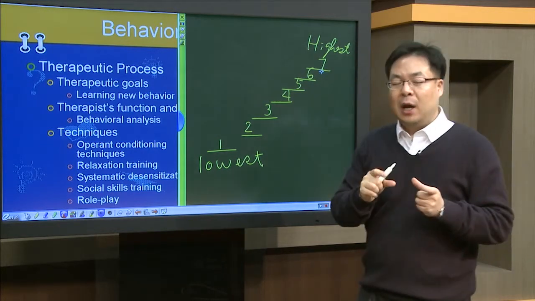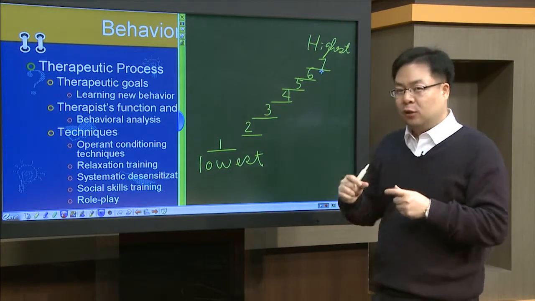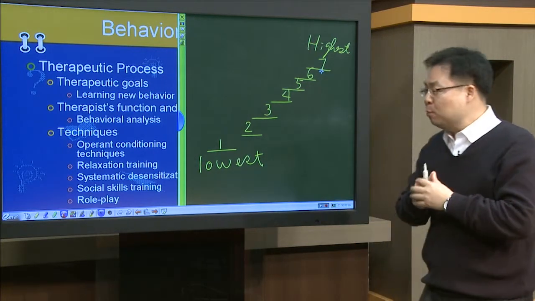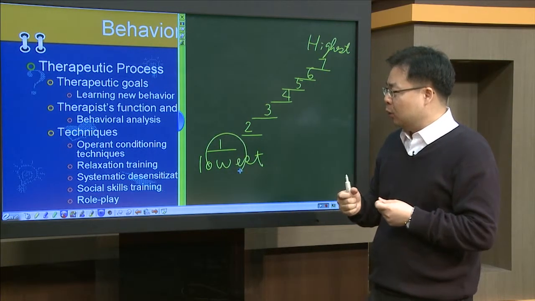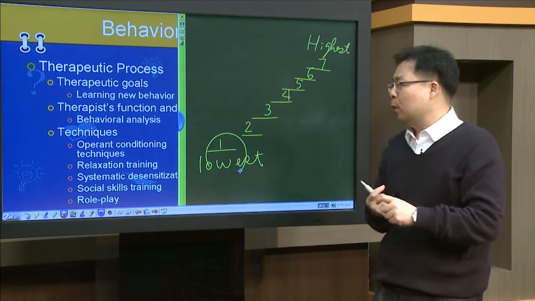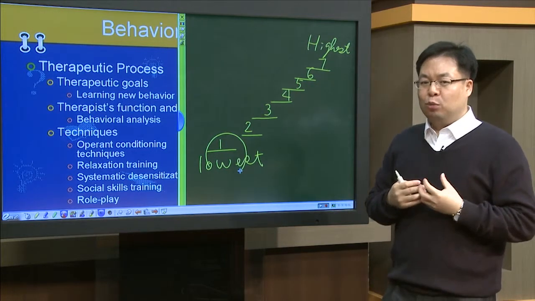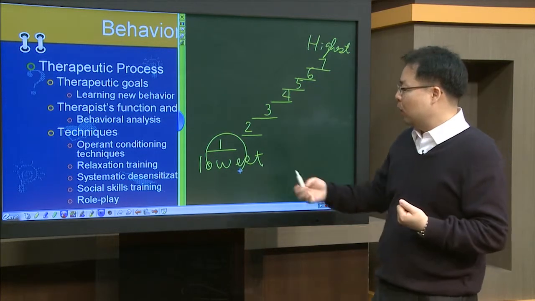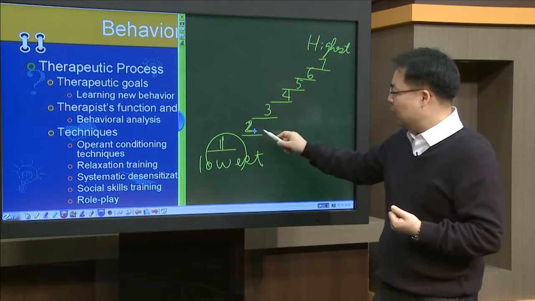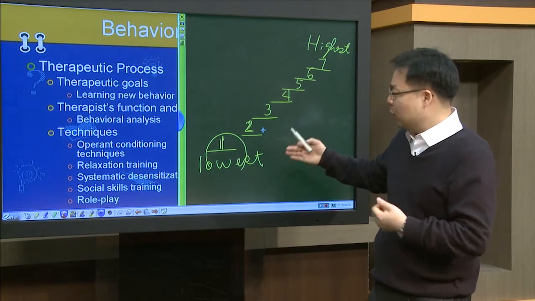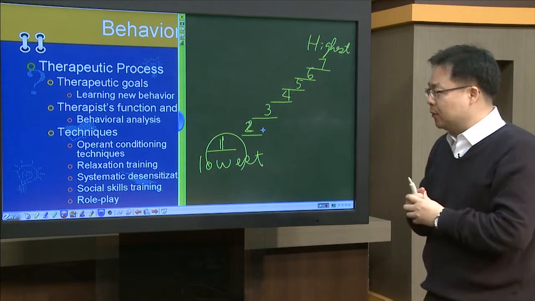So the counselor and client work together to develop the hierarchy, and they imagine a certain situation, and then they try to use the relaxation training at the same time. So imagine level number 1 and try to breathe and do muscle training. So get over level 1 and try to overcome level 2. So that is systematic desensitization training methodology in the behavioral approach.